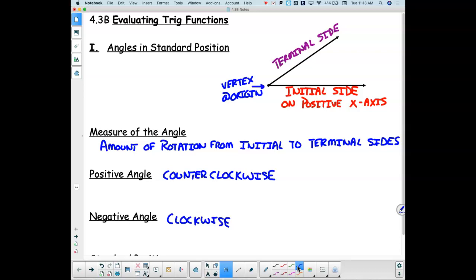Okay? Unit circle, the angle starts on the positive x-axis. Positive angles go counterclockwise. Negative angles go clockwise. We've been doing this for a week. We're just putting words to the actual definitions.